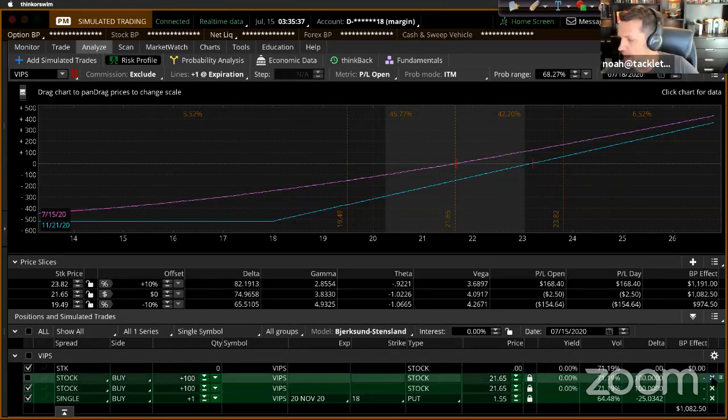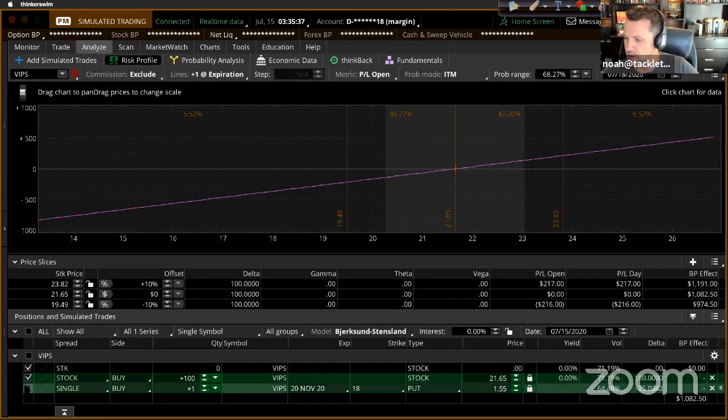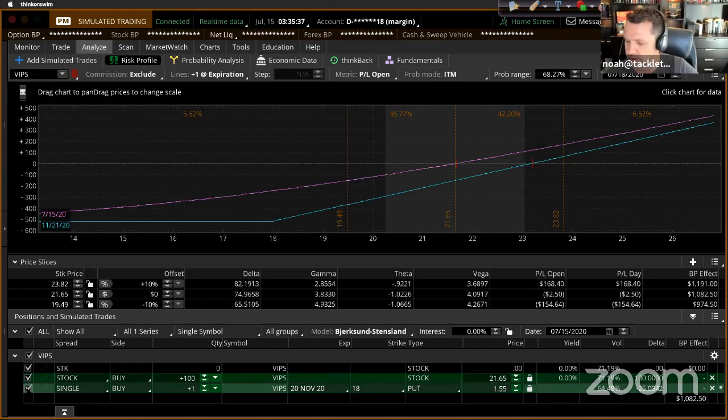So you'd have $2,165 and the stock, the risk goes all the way down to zero. You could lose all $2,165 if the company went out of business. Now, to buy that insurance, it costs you an extra $155. So what's 2165 plus 155?